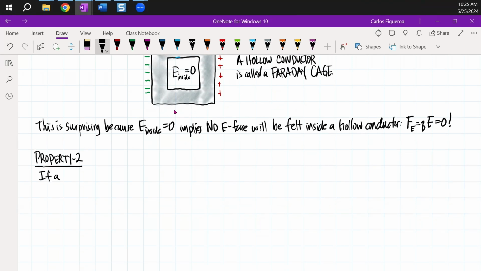If a conductor carries charge, it must reside on its surface.